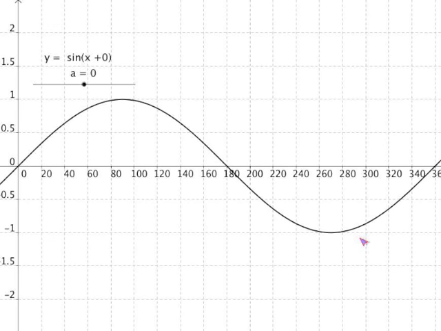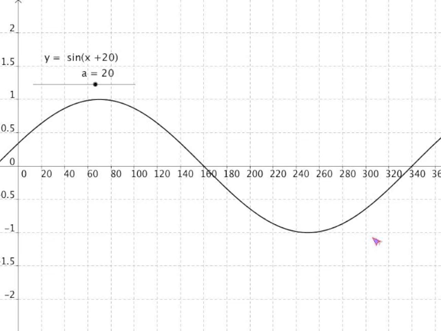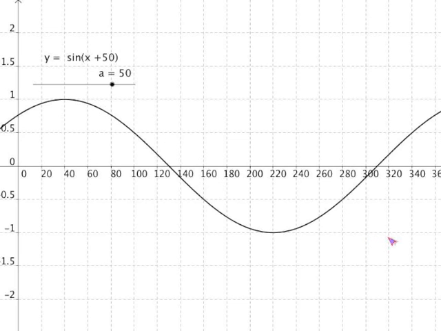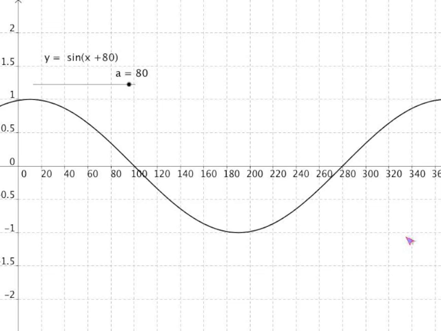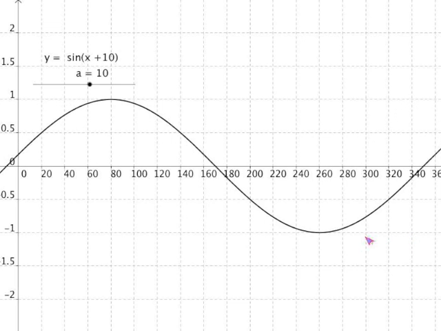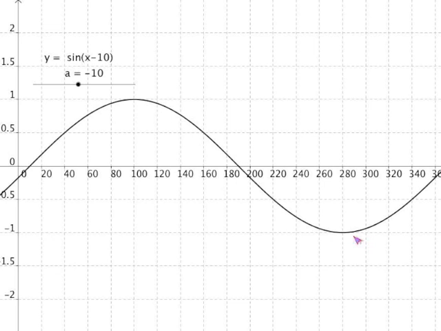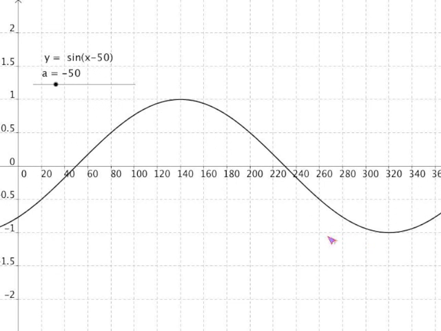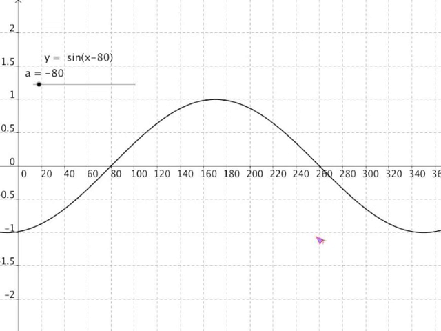Exactly the same process works as before. The graph transformation is the same for any function of x. If I slide this slider to the right and we're adding a value of a, you'll see that the graph is moving to the left by a value equal to a. And if we're subtracting an a from the function, the graph shifts by the value of a to the right.